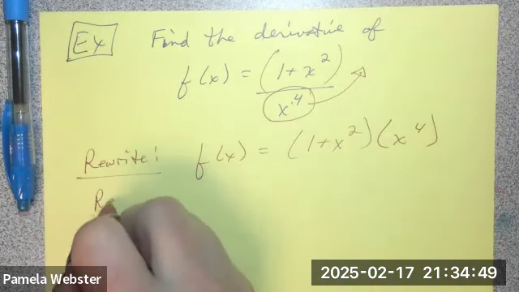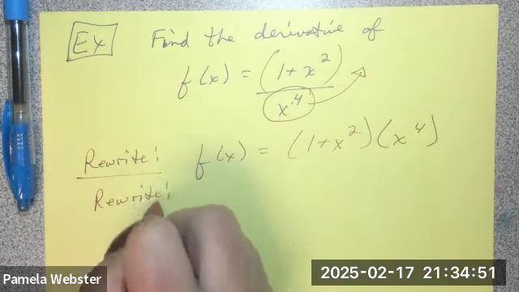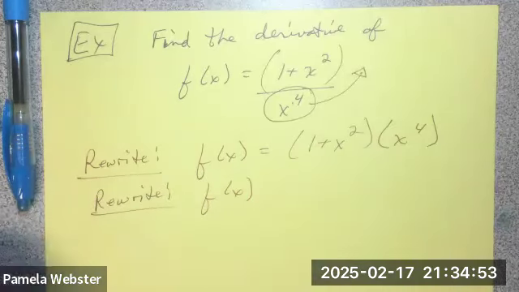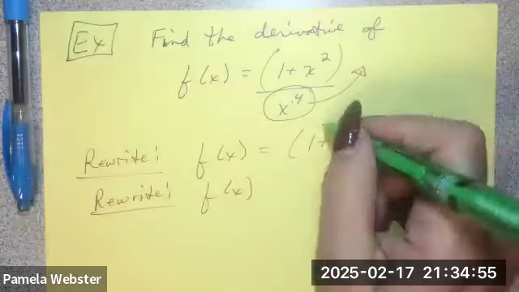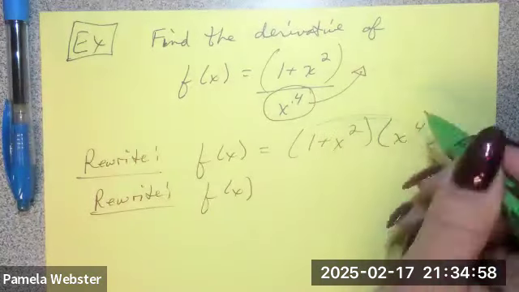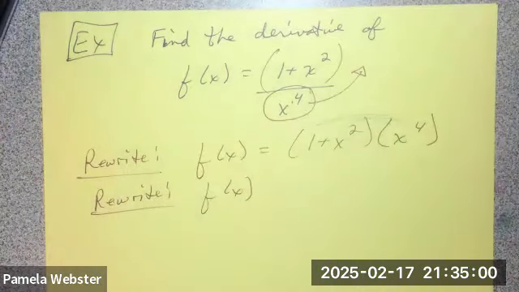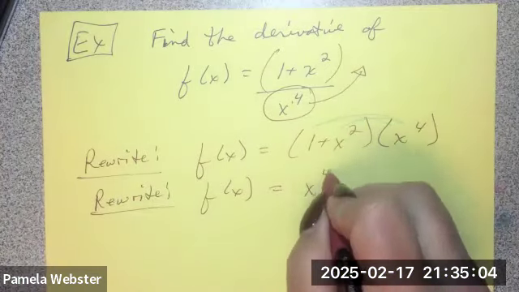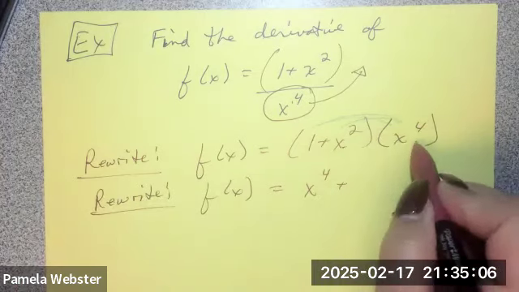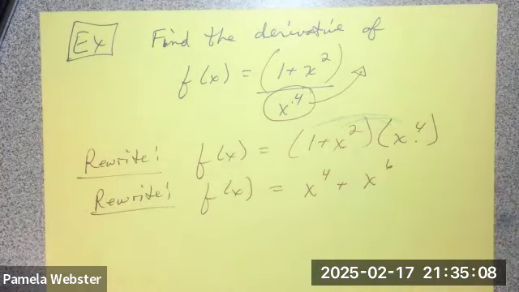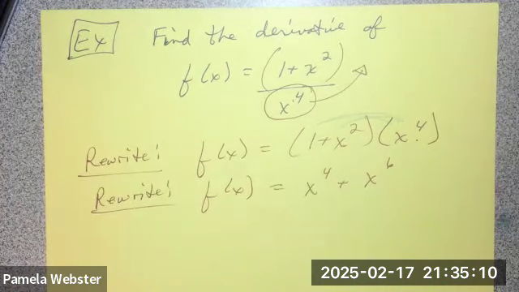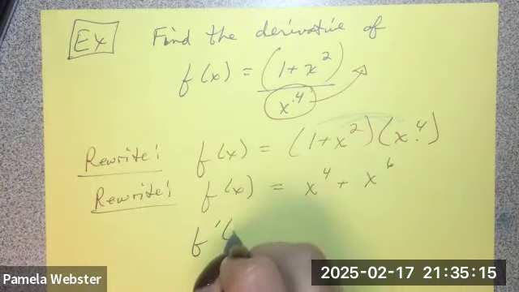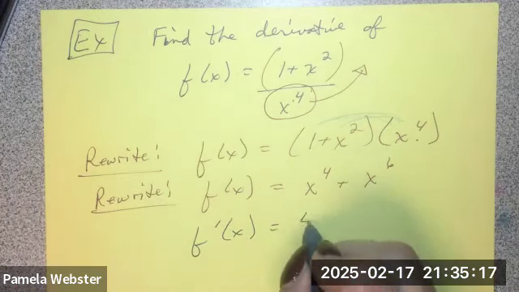So I'm going to rewrite this again because the nice thing here is it's just one term being multiplied through, right? So I can distribute that, which makes my life a lot easier. X to the fourth times 1 is x to the fourth, plus x squared times x to the fourth is x to the sixth. Oh, look, that's a nice, pretty polynomial. I can for sure take that derivative. Now I can find it very easily.